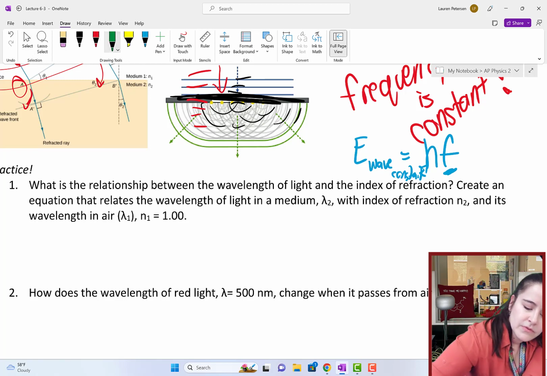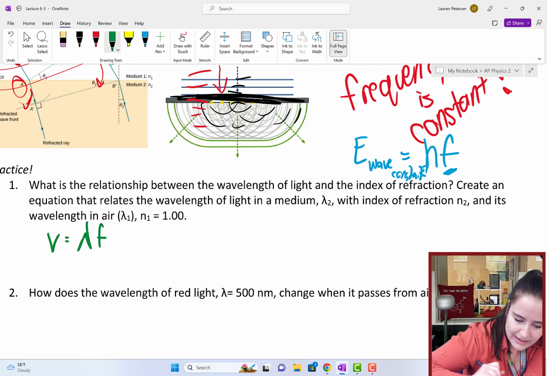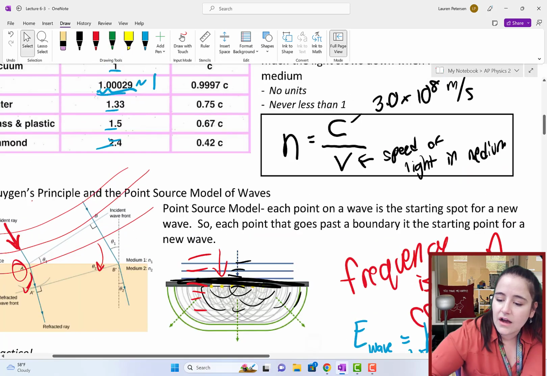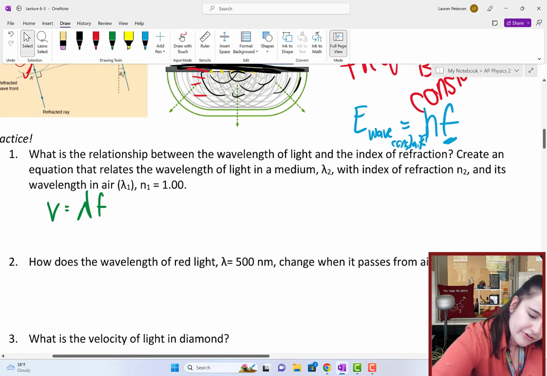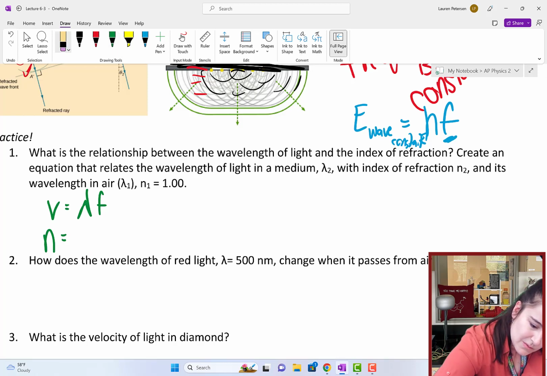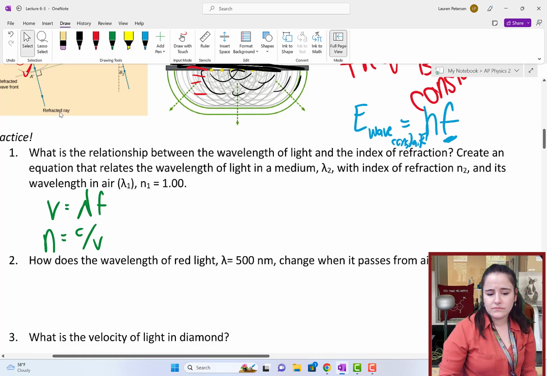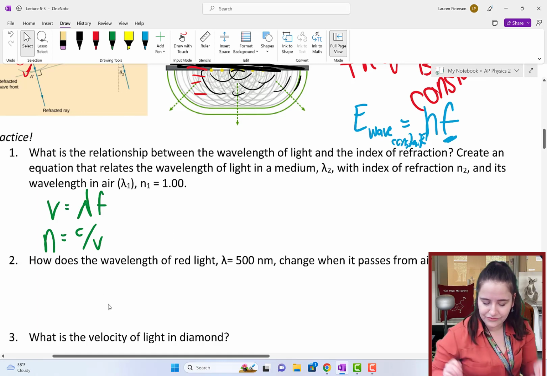If you remember, we're working off our two equations. We have an equation for the speed of a wave as wavelength times frequency, and then our new equation for the index of refraction, N equals C over V. So instead of V, I'm going to put in wavelength times frequency.